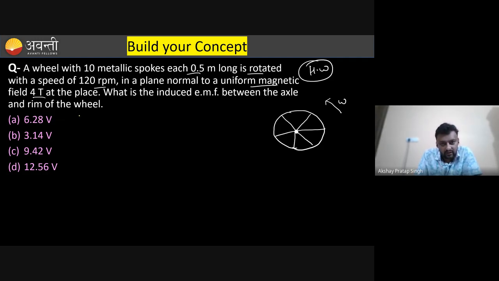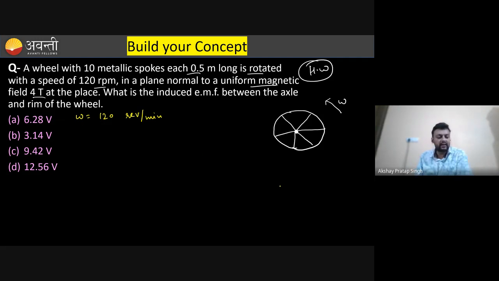First of all, angular velocity omega is equal to 120 revolutions per minute. RPM means revolutions per minute. So you need to convert it into radians per second.